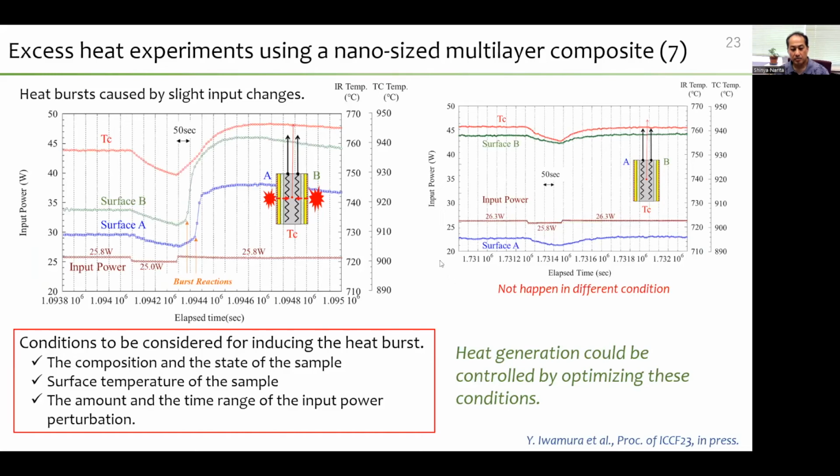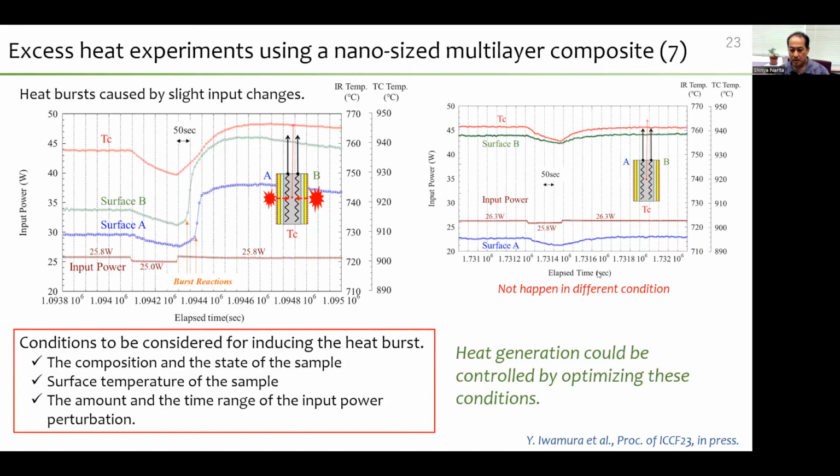And they have also reported some interesting results recently. This is a plot of the temperature measured against input power, where you may find a kind of heat burst here when the input power slightly changed. In this case, the input power changed from 25.8 watts down to 25.0 watts and back to 25.8 watts.